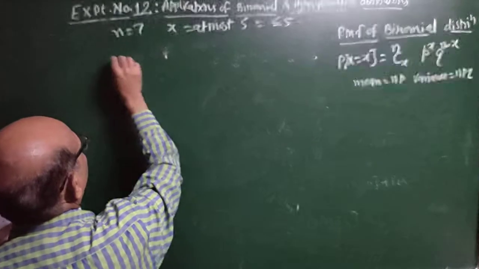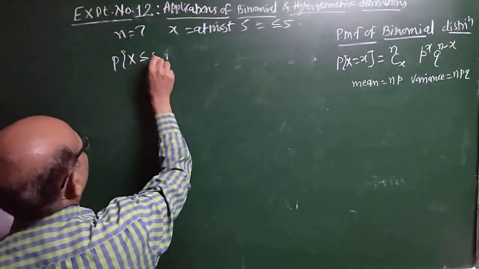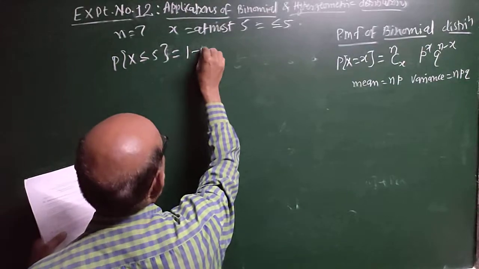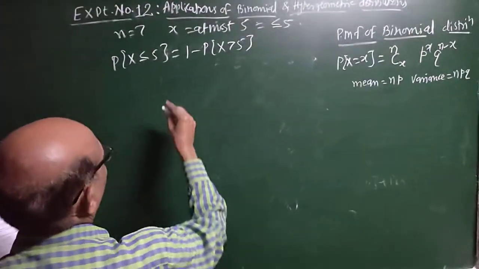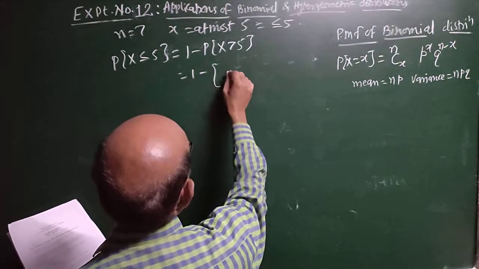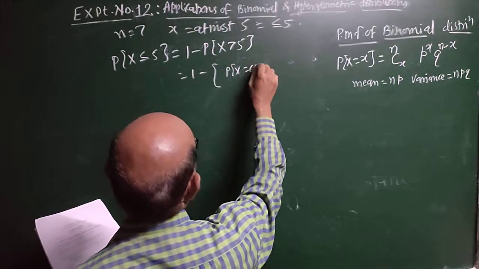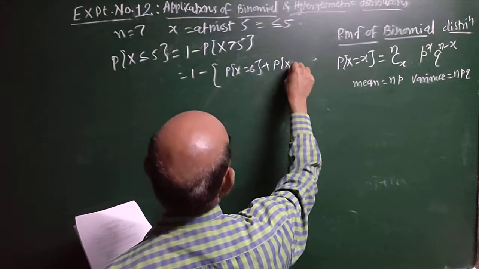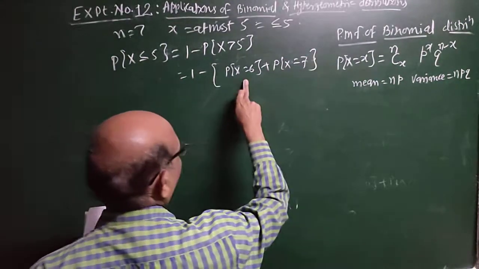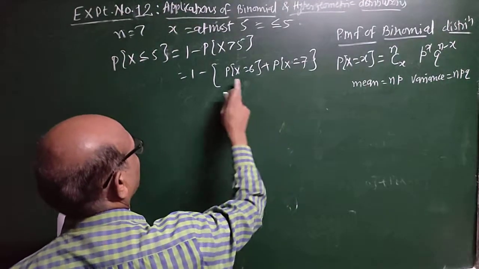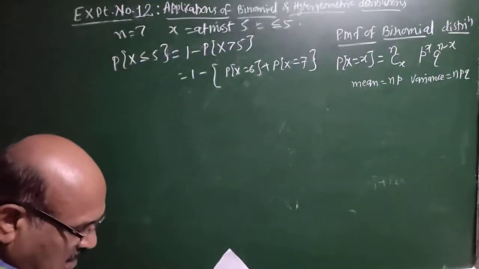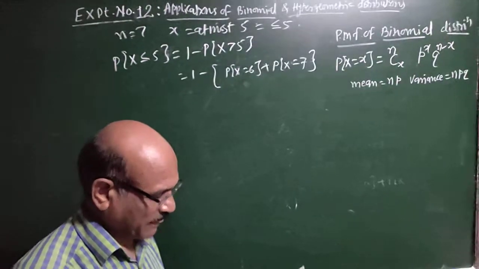So probability X less than or equal to 5 can be obtained as 1 minus probability X is greater than 5. Greater than 5 means probability X equal to 6 plus probability X equal to 7. Already we have calculated probability of 6 and probability of 7, just add and subtract from 1, that will give the answer for your C part.